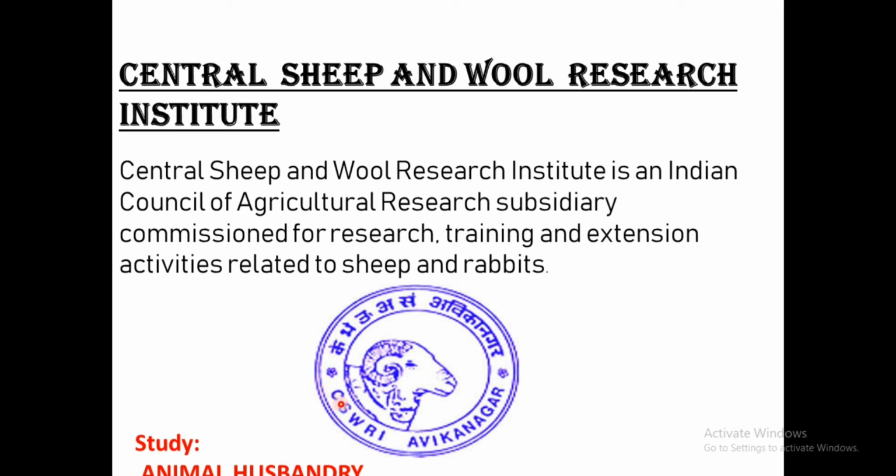The Central Sheep and Wool Research Institute in India is taking very good steps for getting good varieties of sheep, disease resistant sheep, and also good wool production. So if people want to do research in this field, they need to get a degree or diploma in a subject called animal husbandry.